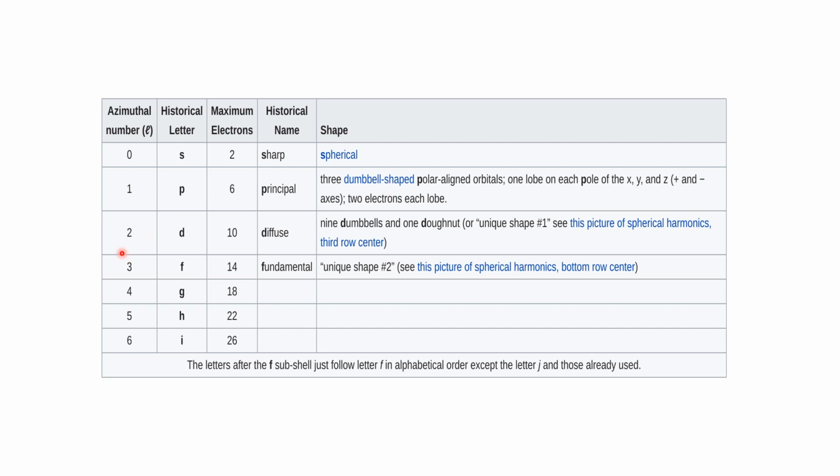If azimuthal quantum number is 2, it would have a maximum of 10 electrons, and the shape would be double dumbbell, and there are 5 in number. If it is 3, it will be the f orbital, 14 maximum electrons can be accommodated in it, and it has a unique shape, spherical harmonics, and mainly we say that it has a complicated shape.